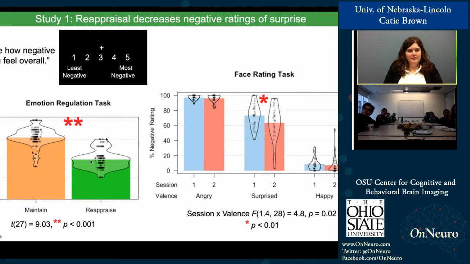And some people during the reappraise task still felt like 4 out of 5, 80% negative. So definitely individual differences in how negatively they felt during this, and I would imagine also individual differences in how much they changed.